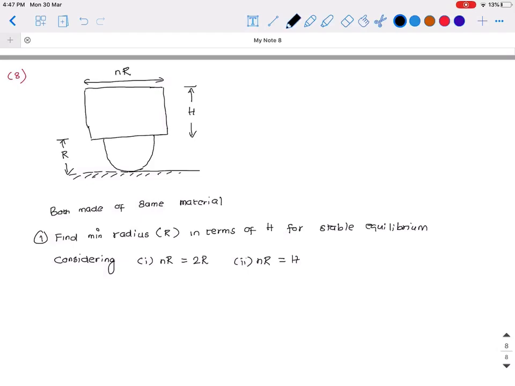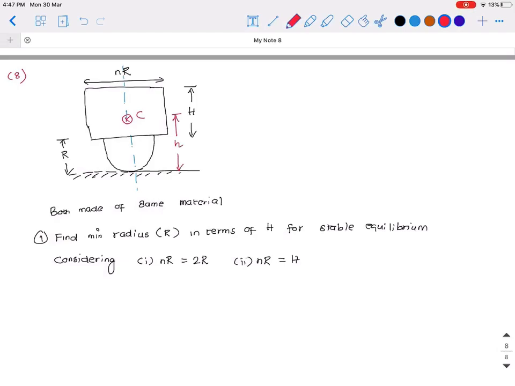Now this is an undeformed configuration, and you can see that this is symmetric with respect to this axis. The centroid C is located somewhere there, and we denote that as h.